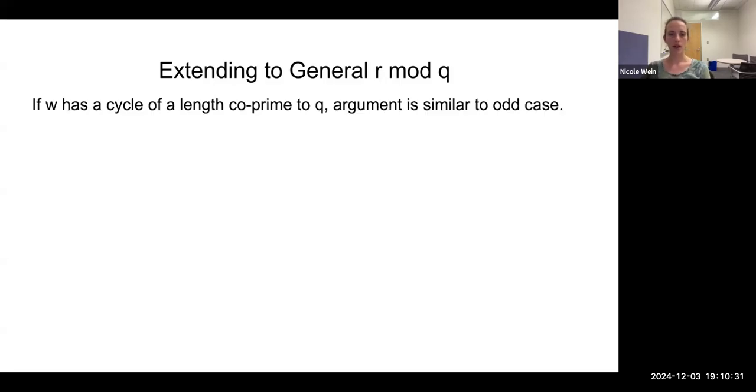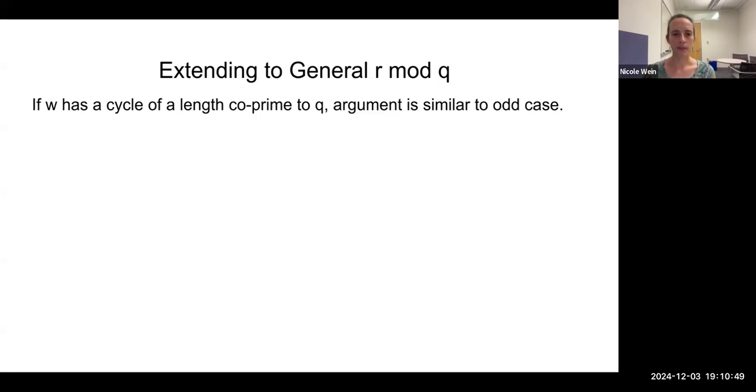So the first observation you could make here is that if your walk W has a cycle of length co-prime to Q, then the argument looks pretty similar to the odd case, and it's not too difficult.